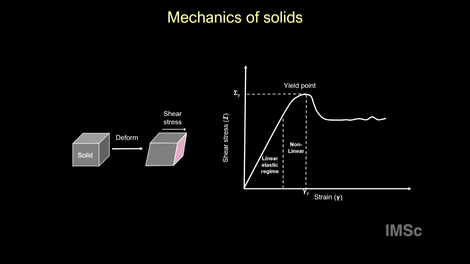So this is a macroscopic description of what happens when you apply stress on a solid. Be it any kind of solid, this kind of behavior is very universal, and this is what we want to understand. We want to understand this by looking at microscopic details.